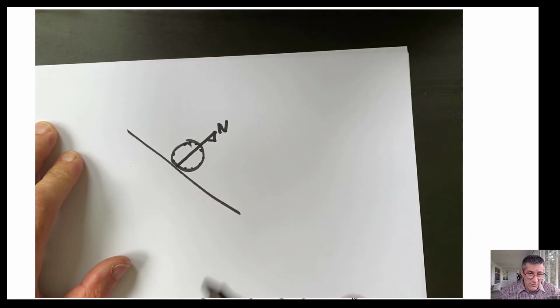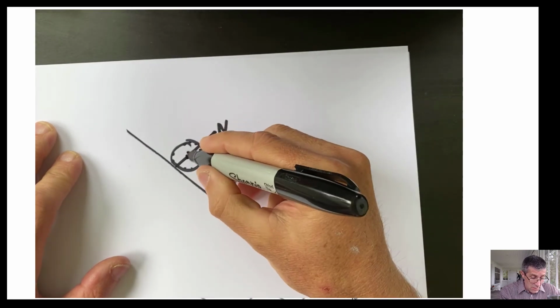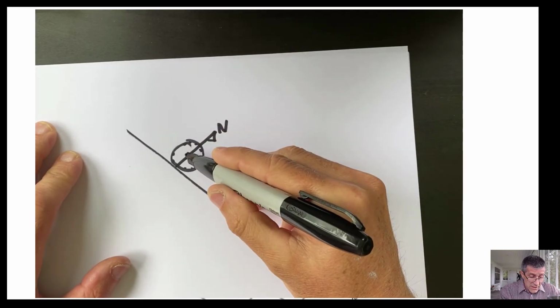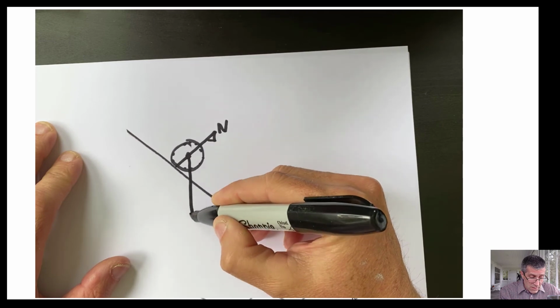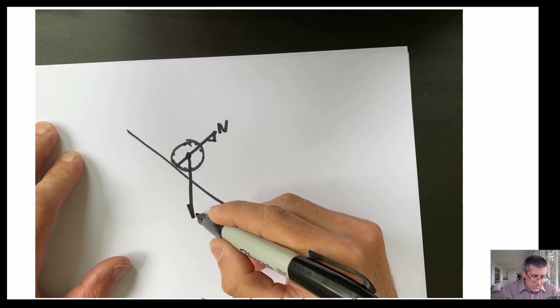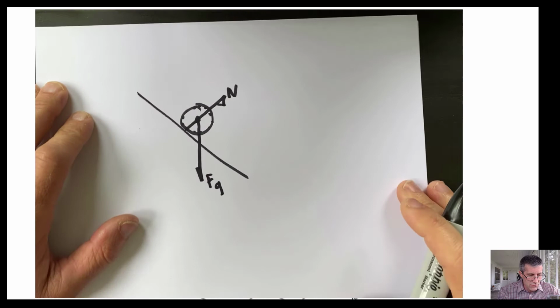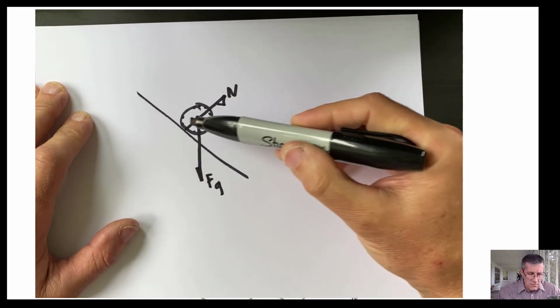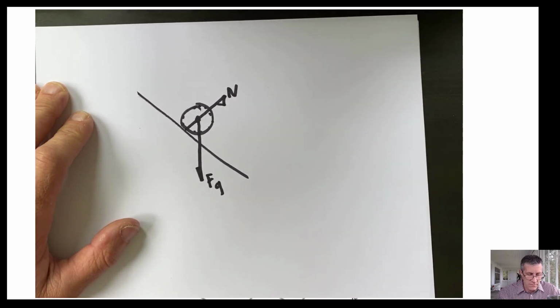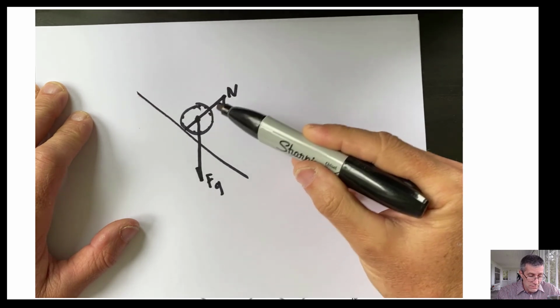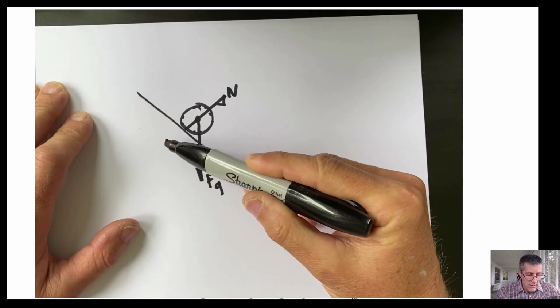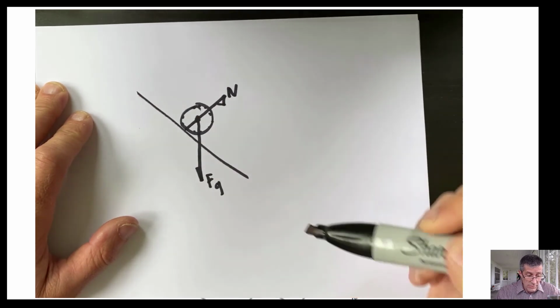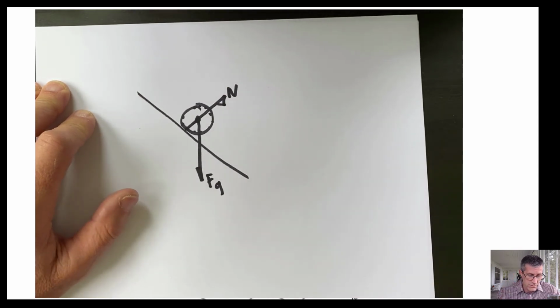Notice the center of mass for this object is a place where there is no mass. Right in the middle, I'm going to have my center of mass, but that's fine. I'm going to draw my gravity coming from that, and I'm going to be a little bit careful there. I'm trying to make that force of gravity longer than my normal force, right? Force of gravity is doing two things. It's pulling it into the board and it's pulling it down. So I'm going to make sure force of gravity is longer than my normal force in this case.